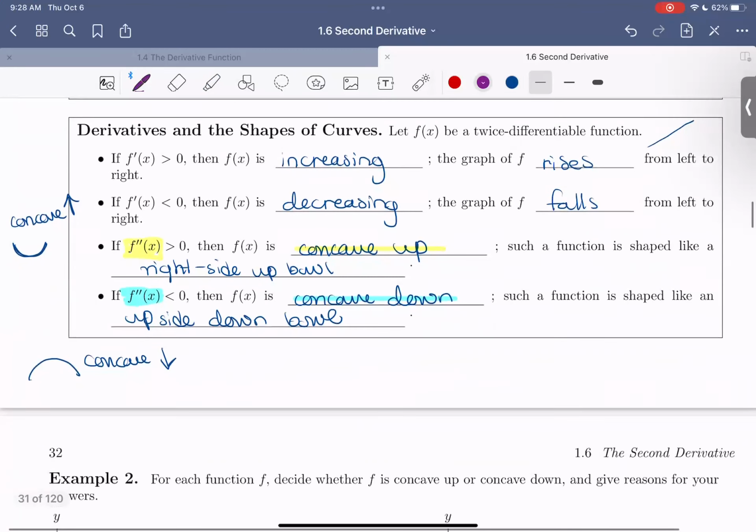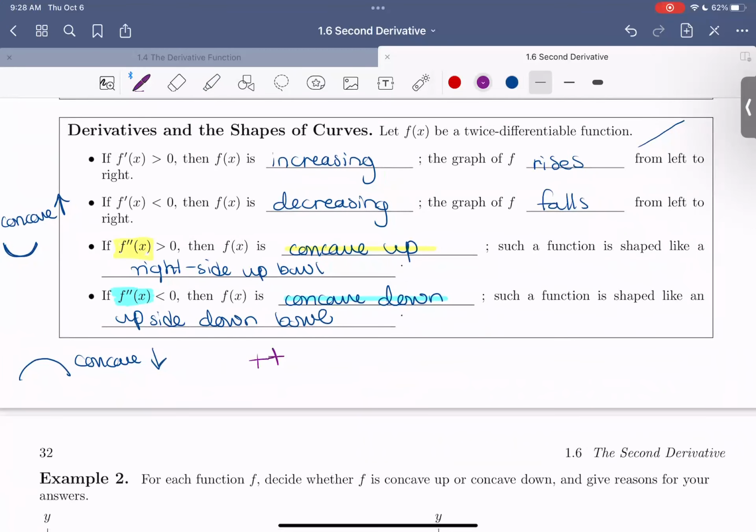If we have a positive second derivative, then we have a concave up graph. If we have a negative second derivative, then we have concave down. So positive, it's like a happy face. Negative, it's like a sad face. That's one way to remember the different shapes of our graph based on the second derivative sign.